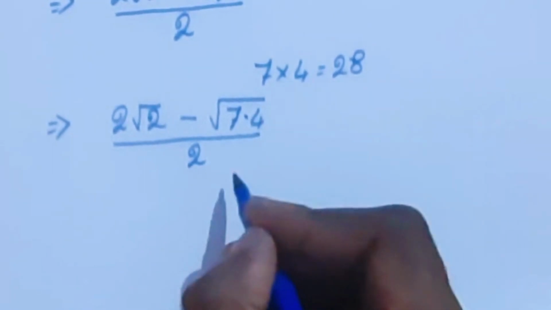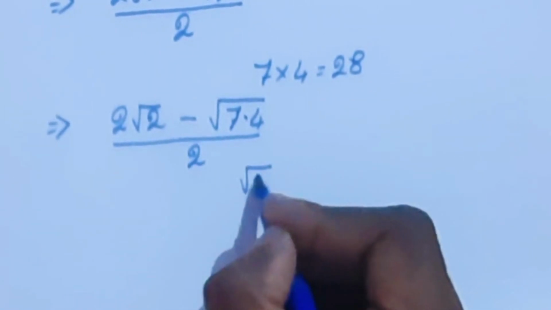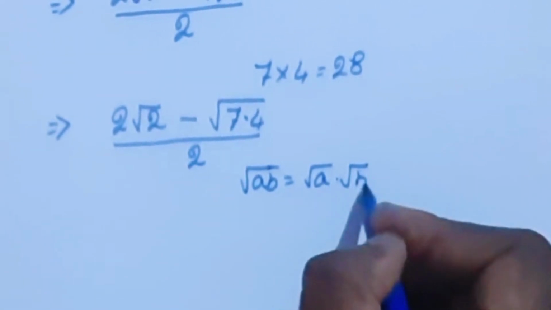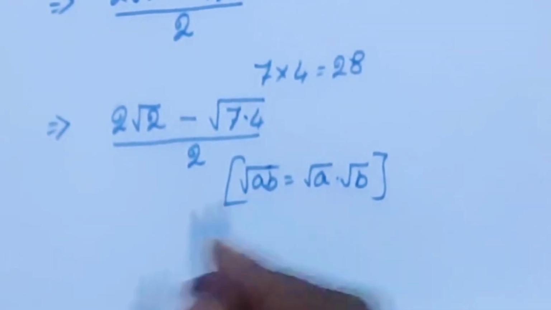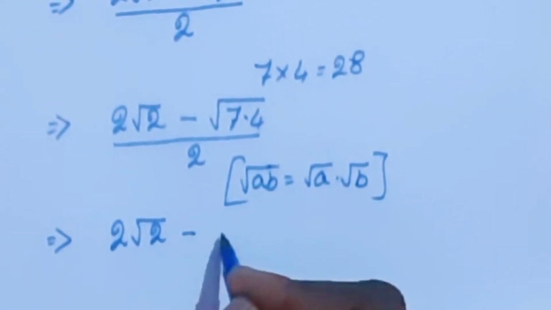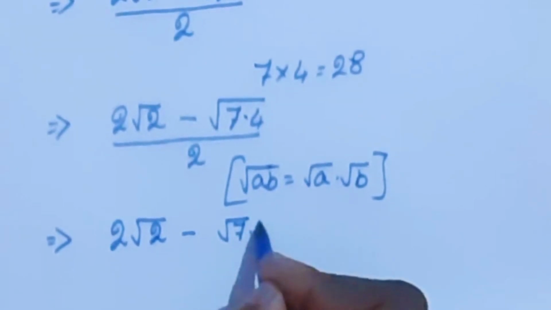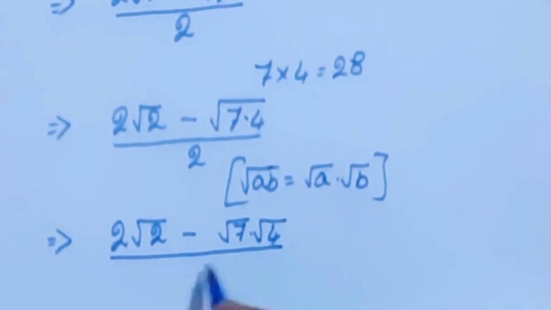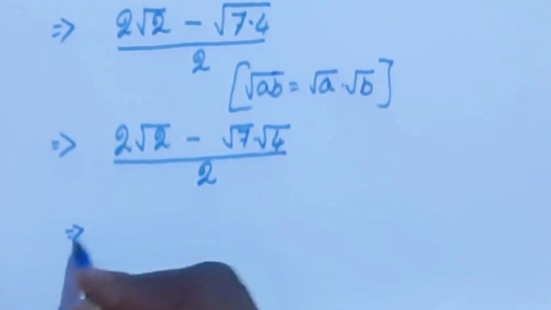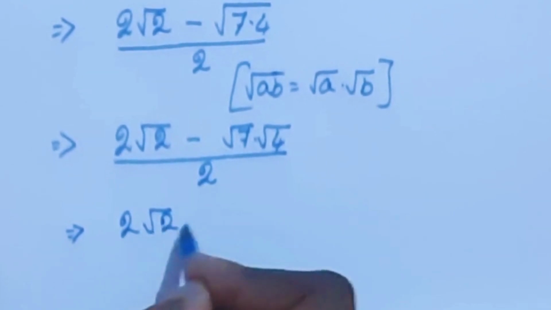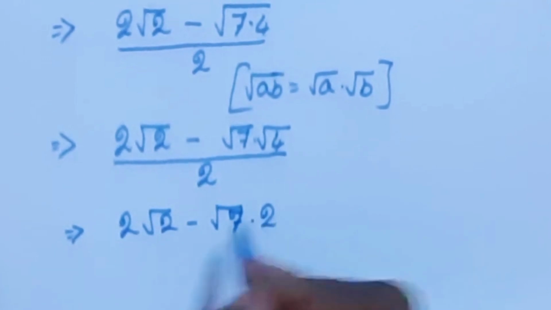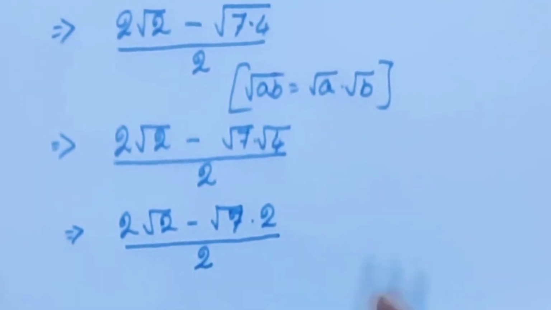Now this we are going to apply as square root of AB equals square root of A times square root of B. This we are going to apply here. So 2 square root of 2 minus square root of 7 times square root of 4, divided by 2. Now square root of 4 is 2, so 2 square root of 2 minus square root of 7 times 2, whole divided by 2.